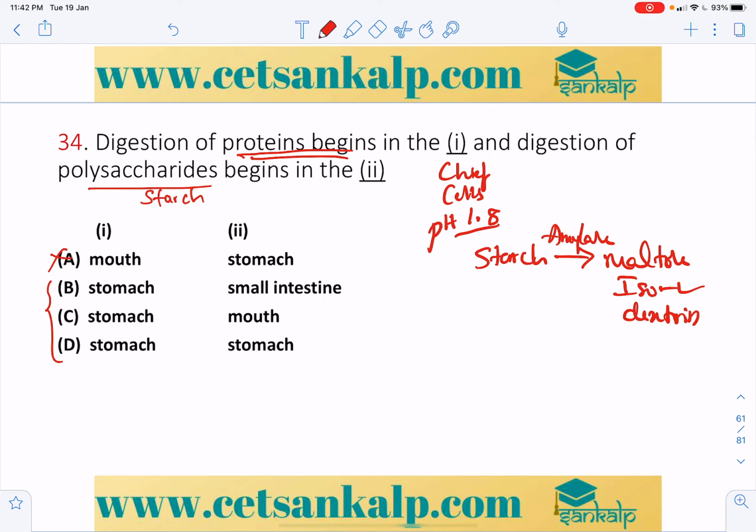So we are all familiar with this. Really, in the mouth the digestion of starch, that is a polysaccharide, begins. So the answer is stomach and mouth, which is option C. So 34th question, the answer is C.